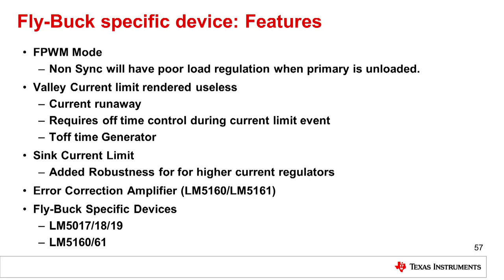The synchronous converter allows the inductor current to become negative and is very helpful in achieving very good load regulation all the way down to no load. Converters that have a valley current limit are probably not as useful in a Flybuck application. In order to use a converter with a valley current limit, it requires some kind of off-time control during the current limit event.